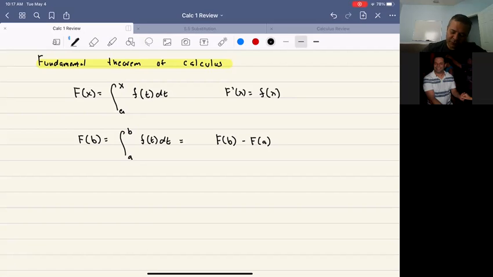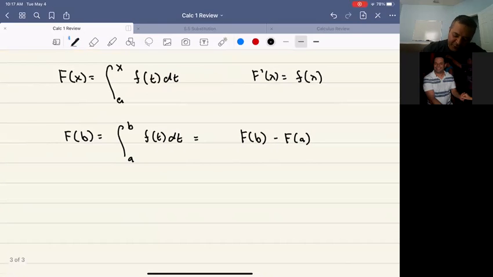All right, so in this case, actually F of a is equal to 0 the way that I've done it. So the more general way is you would define F of x, let's say, not from a, but from some other point.